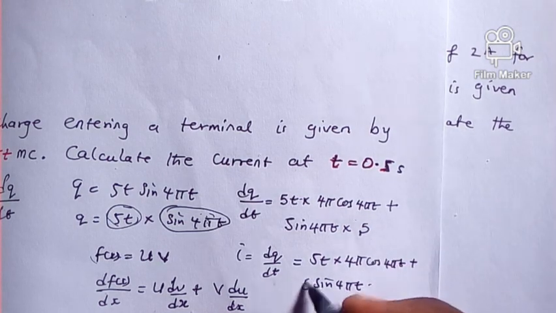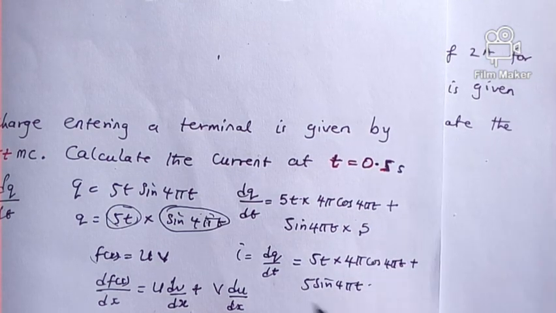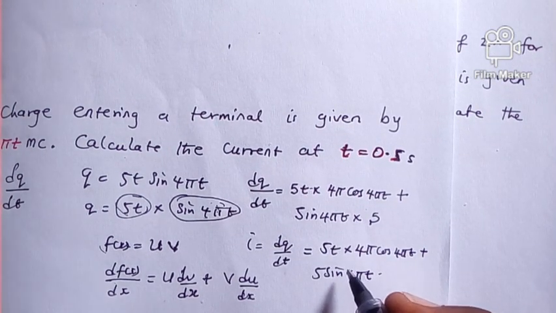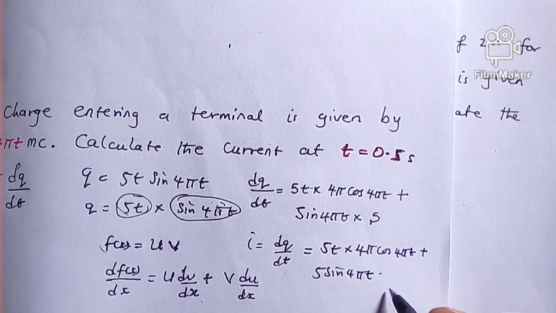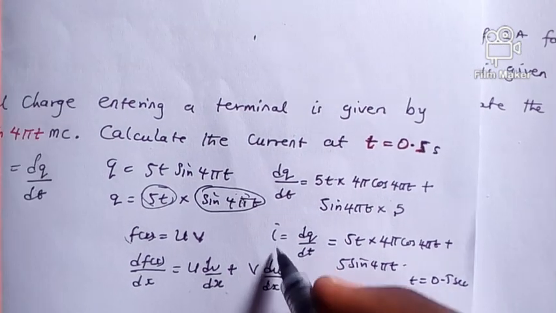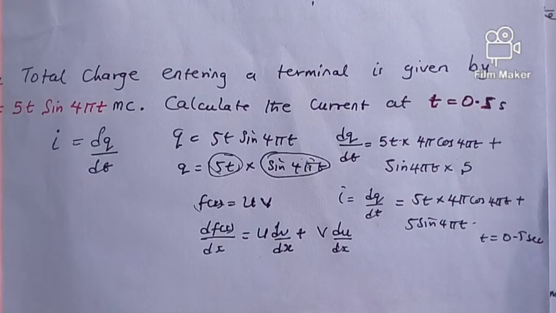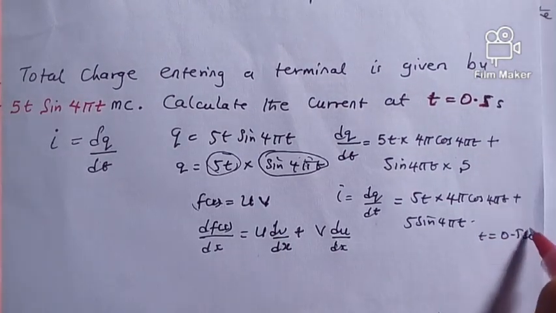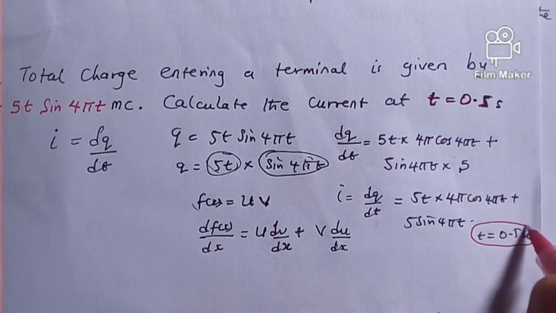You can just bring that 5 here. This is what we have, and that is current. Now we are asked to find this current at t equals 0.5 seconds, so we substitute t equals 0.5.